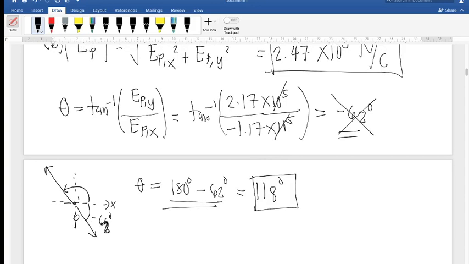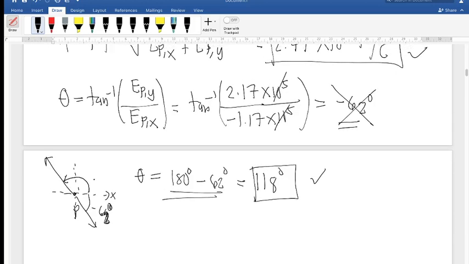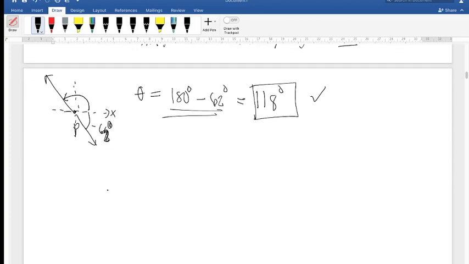Sorry, that might be 62 degrees. Let me check. Yeah, that is negative 62 degrees. So we have 180 minus 62 is 118 degrees. So this is your magnitude, this is your direction. Approximately 118 degrees.